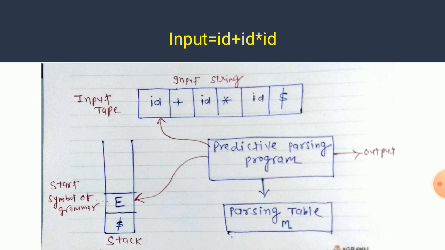The stack initially contains dollar, and then we push the start symbol of the grammar, which is E. These two are connected by the predictive parsing program and algorithm, and this program uses the parsing table which we created earlier.